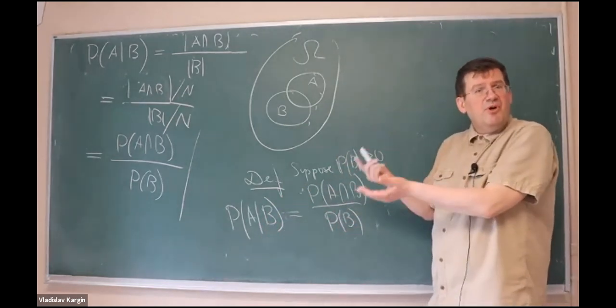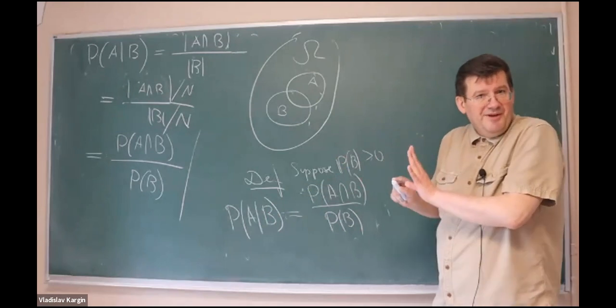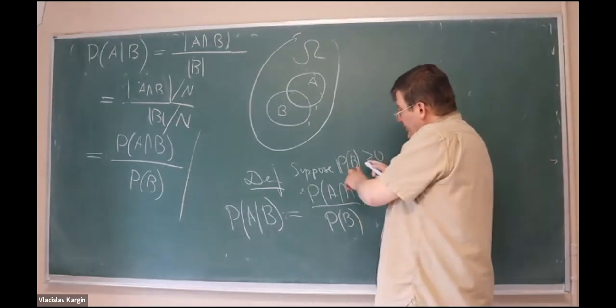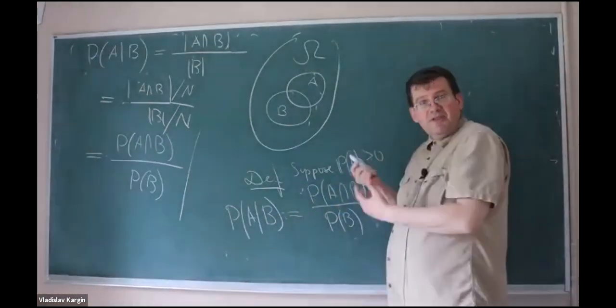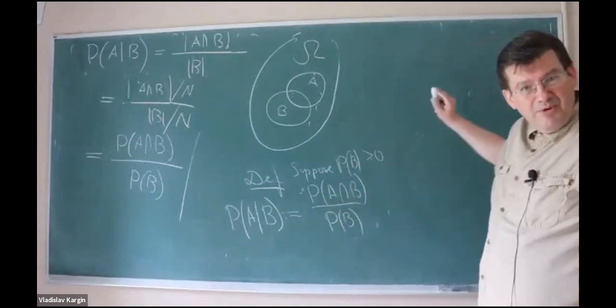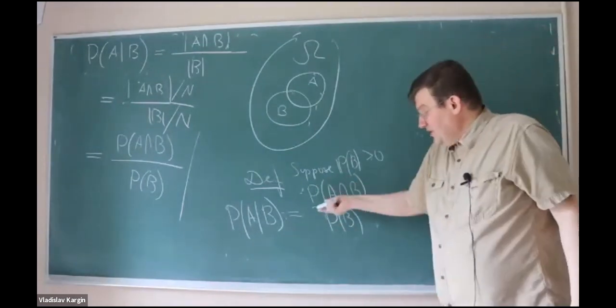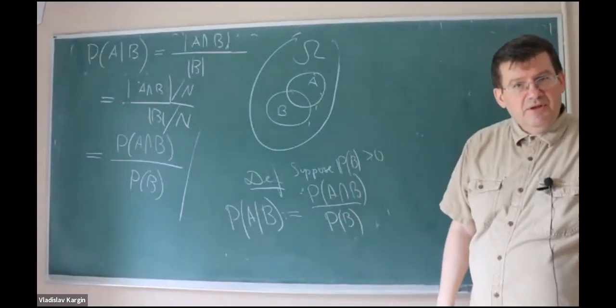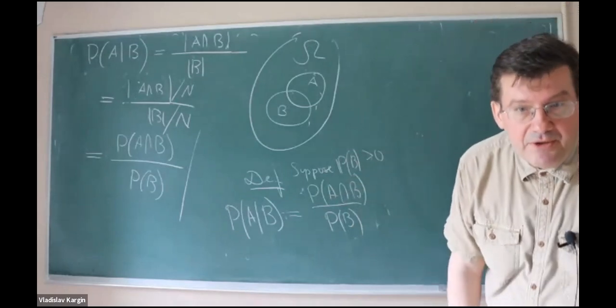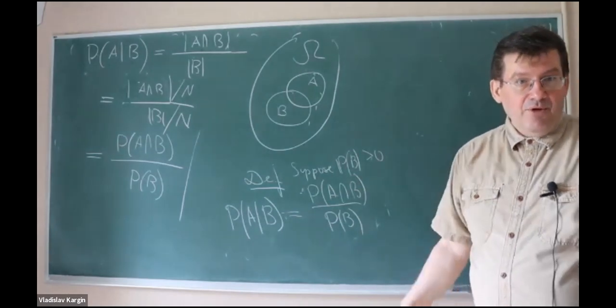But this is a more difficult thing. It is possible to define the conditional probability even if the probability of B is zero, but it's a little bit more difficult. We will talk about it, not very difficult, we just change the definition a little bit. All right, so that's basically it.